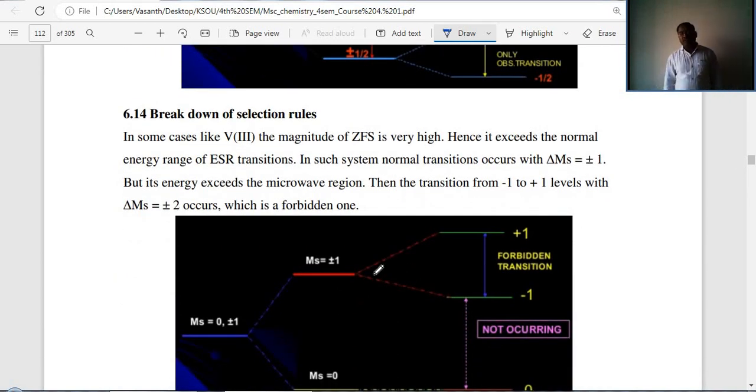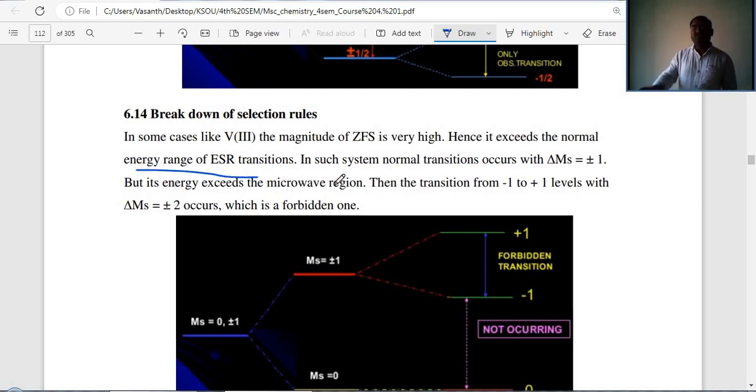How does the breakdown of selection rules occur? In some cases, the magnitude of ZFS is very high, hence it exceeds the normal energy range of the ESR spectrum.